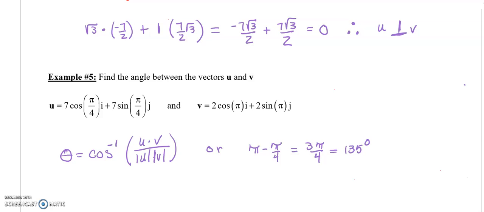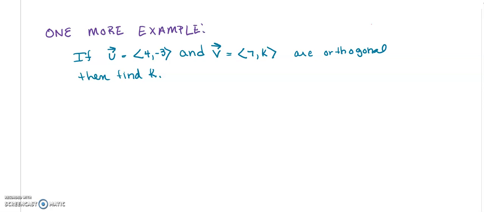Okay, I want to give you one more example that is not typed in the worksheet. I want to think a little bit more of a thought-provoking question, as you know I like to do. So if vector u is <4, negative 3>, and vector v is <7, k>, and I'm telling you that they're orthogonal, then find k.